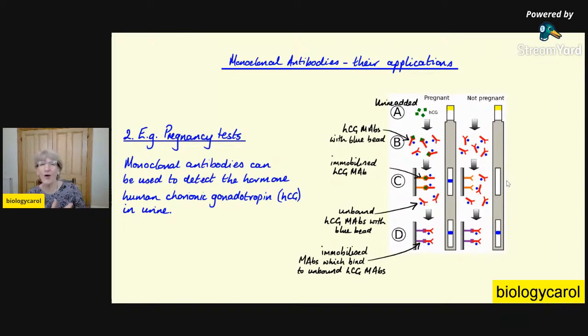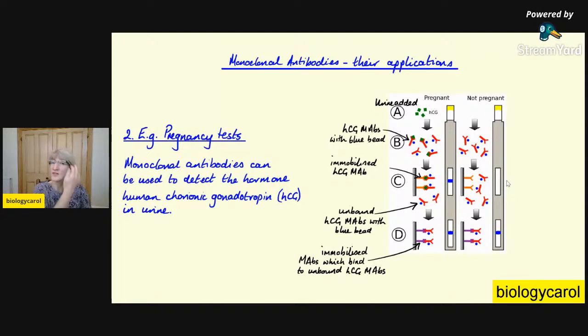So if there are any more questions, do start typing them now, because I'm just going to do a very quick synopsis of what we've been talking about. We've been talking about how monoclonal antibodies are defined as antibodies that have been produced from a single clone, or a single B cell or a single plasma cell, those cells that produce the antibodies.